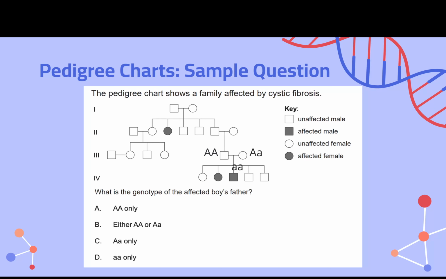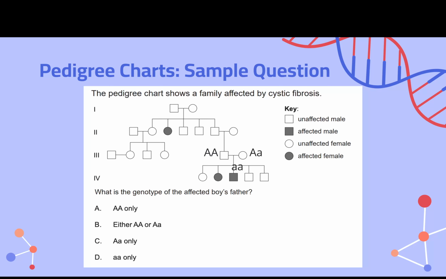What I meant was it becomes difficult to mess up charts that show dominant diseases, because since it's a dominant disease, it will pass on to all the children. And then it just becomes everyone is affected.